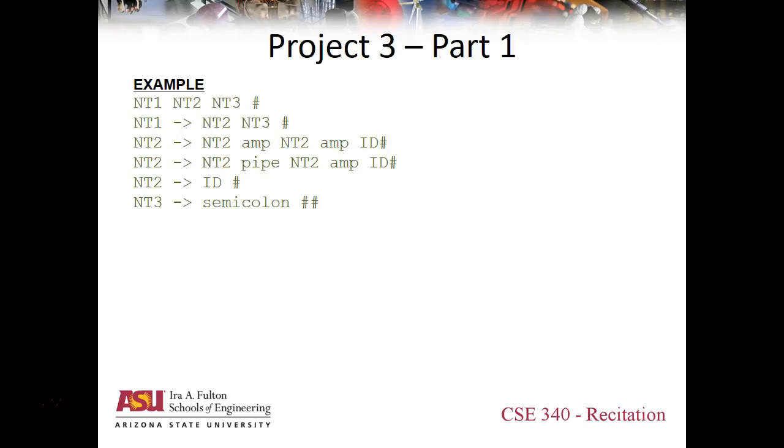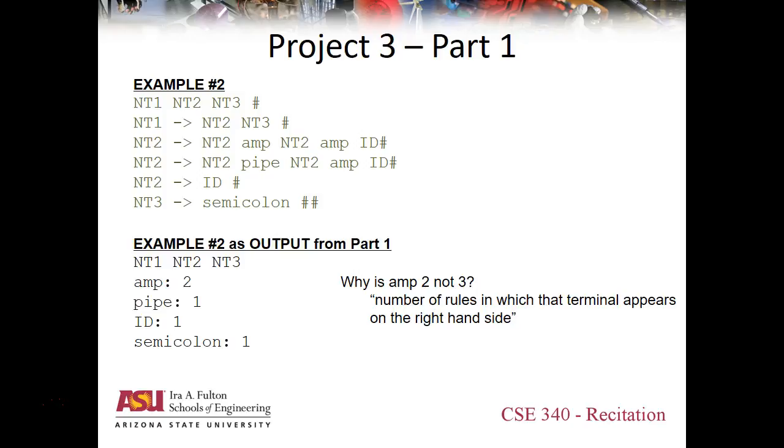So here's an example. Okay, this is similar to the one we had before, except I added these 2 guys on the end. So the output, oh, look at my animation failed me. You guys getting free answers. All right, so NT1, NT2, NT3, really good.